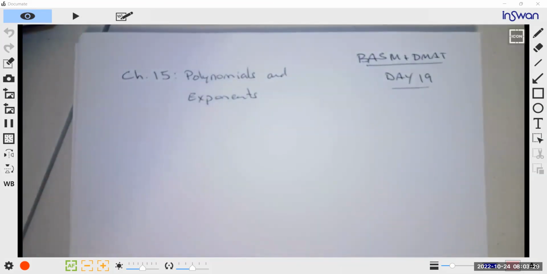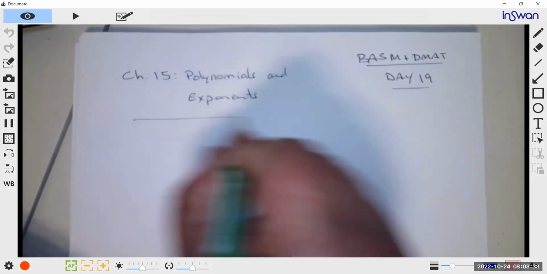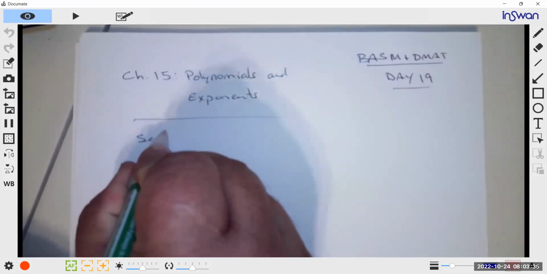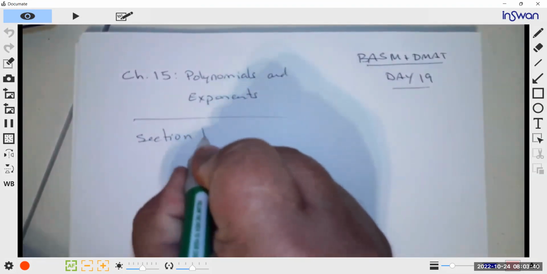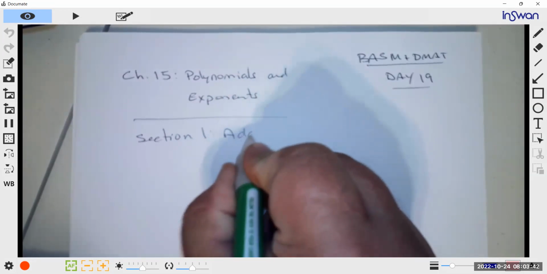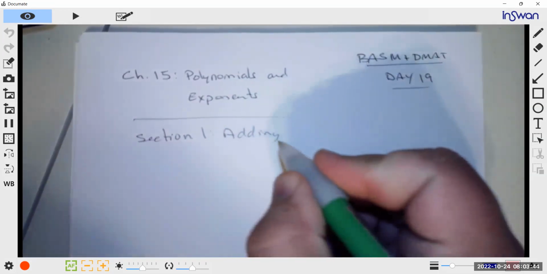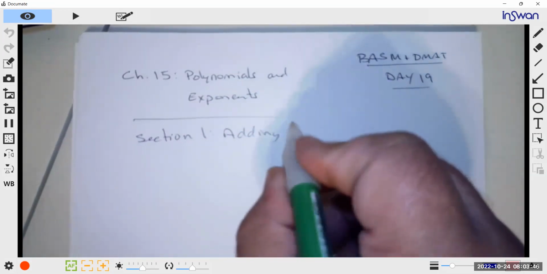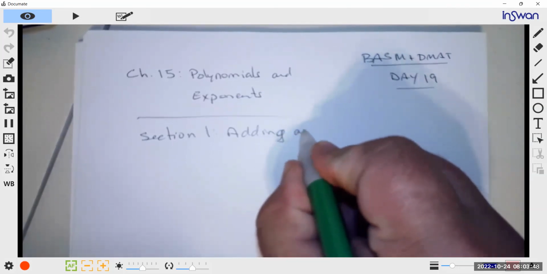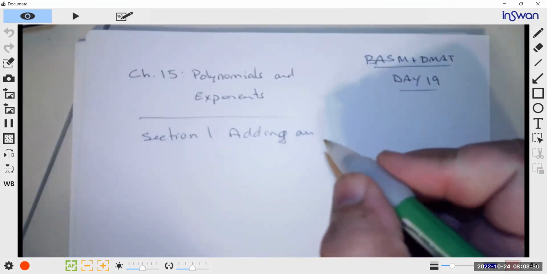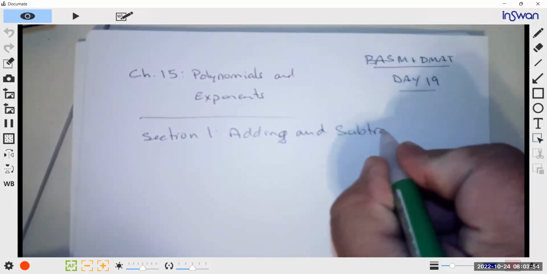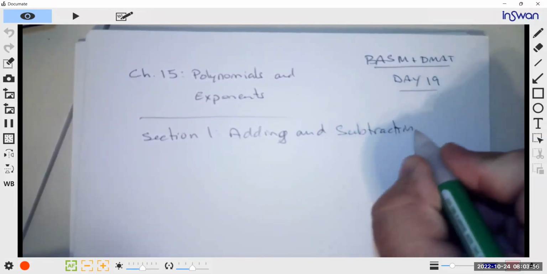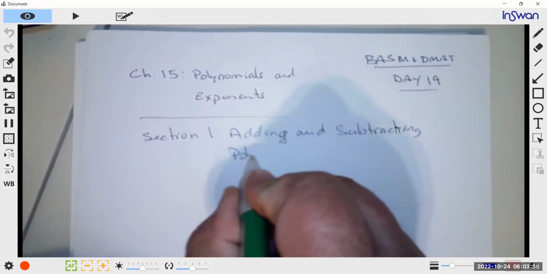So, section 1 deals with adding and subtracting polynomials.